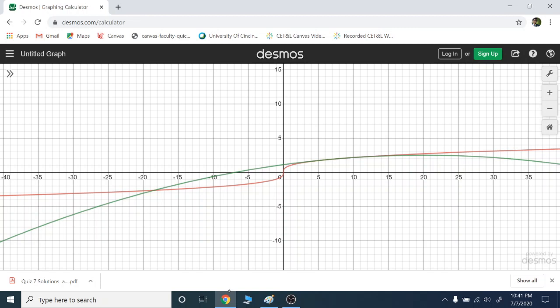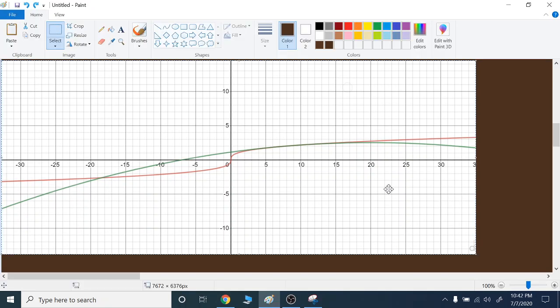In other words, we can say that within this interval, when we substitute the x values in the Taylor polynomial as well as in the original function, both outputs will be more or less the same, right? So if we consider this graph, let's choose this region.